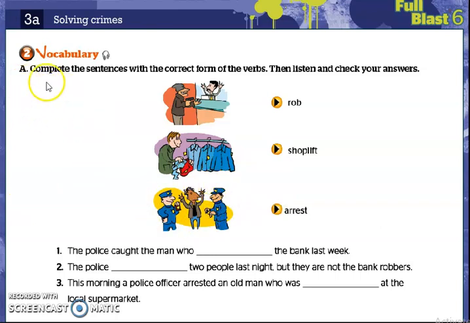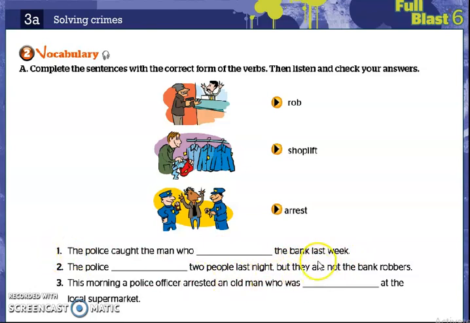Now, let's answer this question. Number A, complete the sentences with the correct form of the verbs, then listen and check your answer. Number 1, the police caught the man who robbed the bank last week.